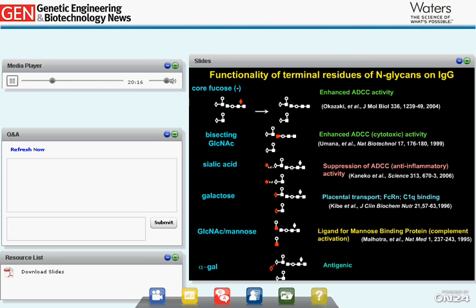There's now evidence to support the idea that these molecules have anti-inflammatory activity. If you have terminal galactose, then these allow your molecule to bind to the FcRn receptor and also increase C1q binding, open up the complement pathway. If you have IgG sugars terminating in N-acetyl glucosamine, then these are ligands for the mannose binding protein and potentially can activate the complement pathway. And down at the bottom again, you can see the alpha-gal antigenic residue.